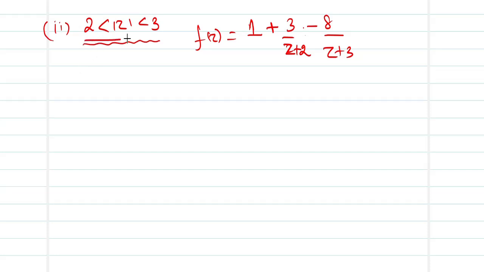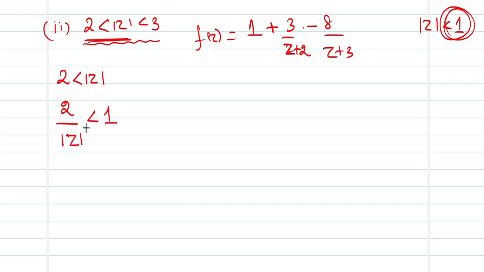Now let me consider the first part, which says 2 less than mod z. I need to have always mod z to be less than 1. The quantity has to be less than 1. If I want less than 1, so what I'll have to do? I know 2 by mod z will be less than 1. So I need to bring the fraction to the format 2 by z. Now considering the second part, what do I have?